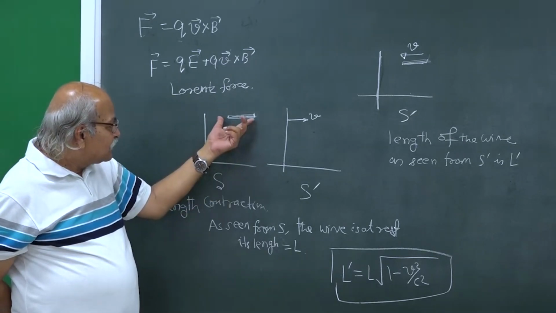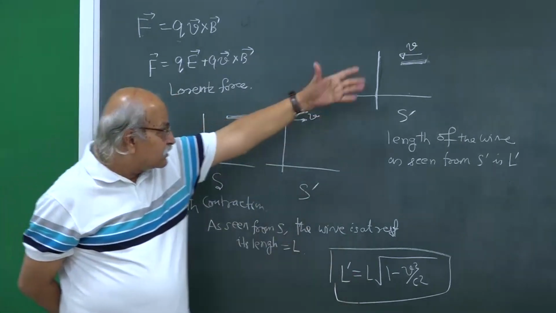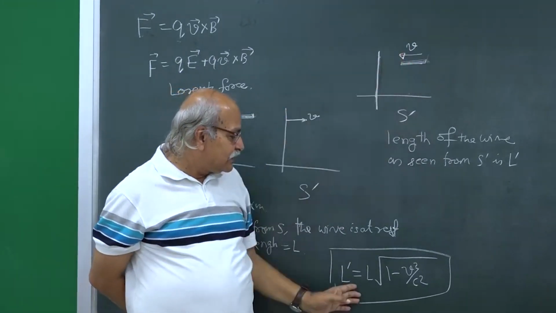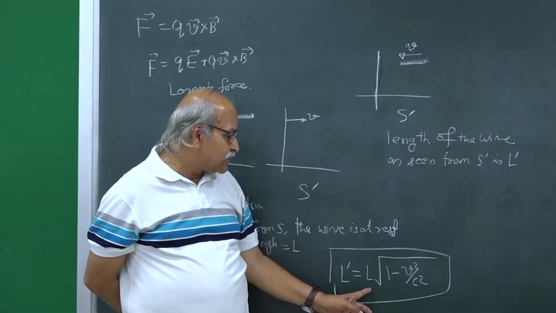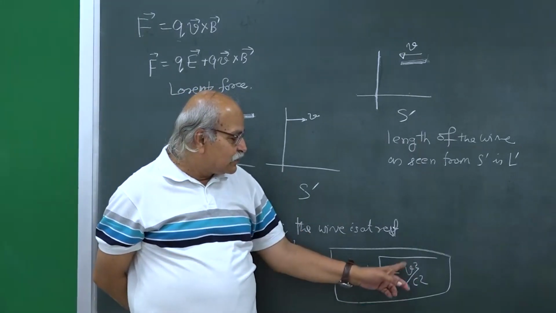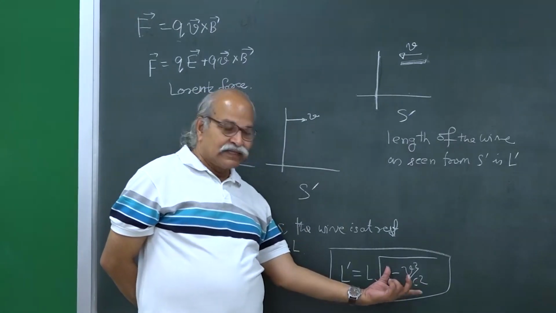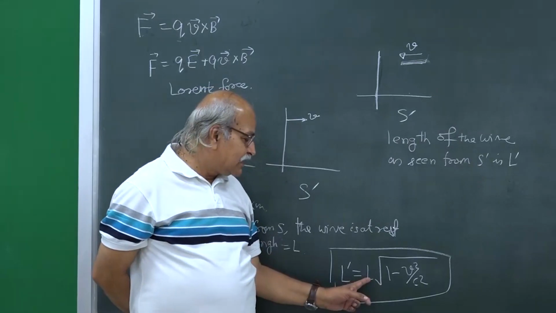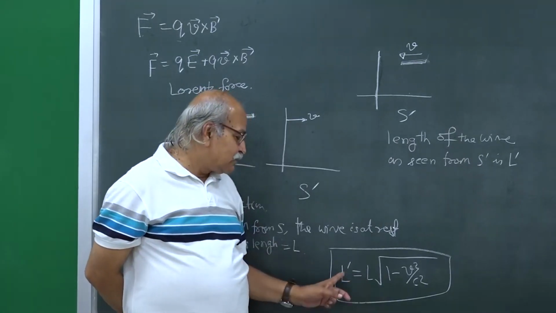In the rest frame, the length is L, and in the other frame, in which this wire is moving, it is L prime. Which is larger and which is smaller? See, 1 minus v square by c square is a positive quantity less than 1, so its square root is less than 1. You multiply this capital L by a quantity less than 1, and then you get L prime.